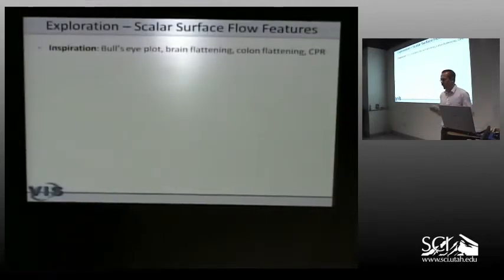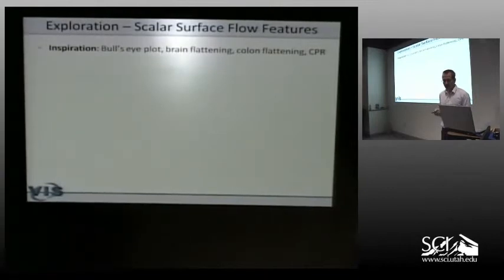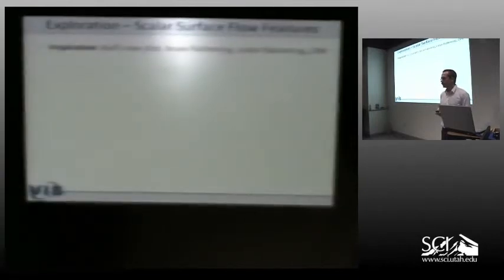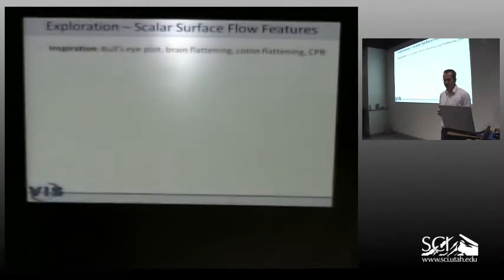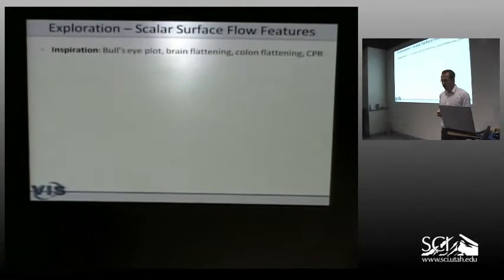In cardiology, the bullseye plot is very famous to summarize information of 4 slices of cardiac imaging. Brain flattening is very often used in neuroscience. Colon flattening was developed by Anna Vilanova as an example for summarizing virtual colonoscopy results, and this later made it into a product.